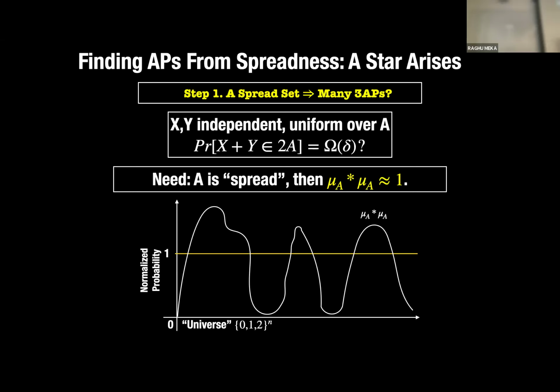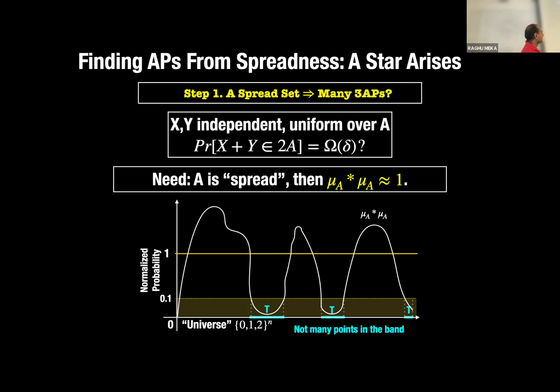And our mu A star mu A could be all of it. What we would really like to say is if A is spread, then mu A star mu A is very close to constant in some metric. The mental picture of closeness, we'll define it in a second, but the qualitative thing is we really want to say that this density doesn't have too many points over here.